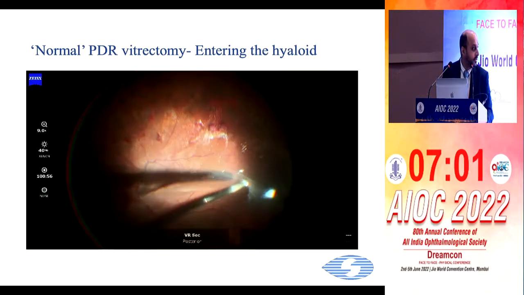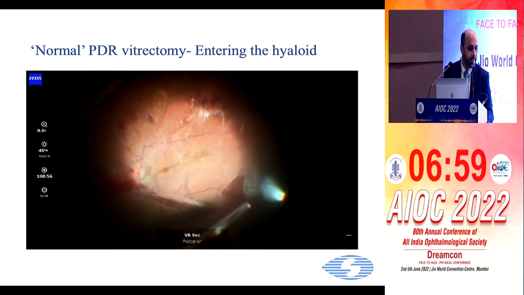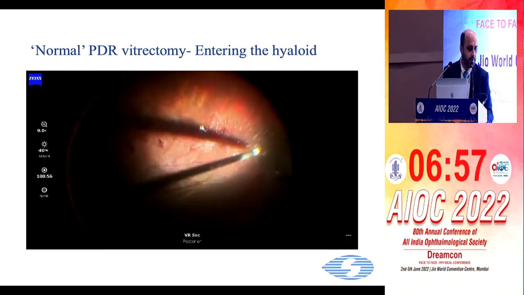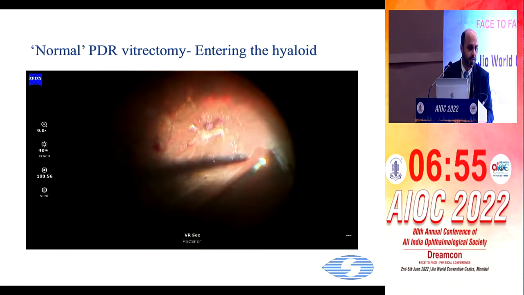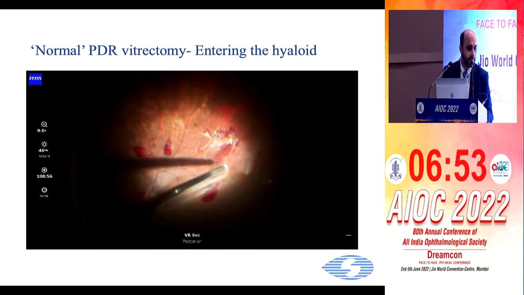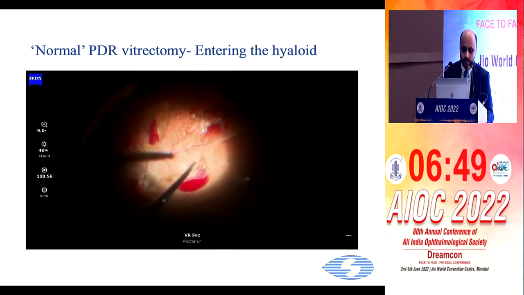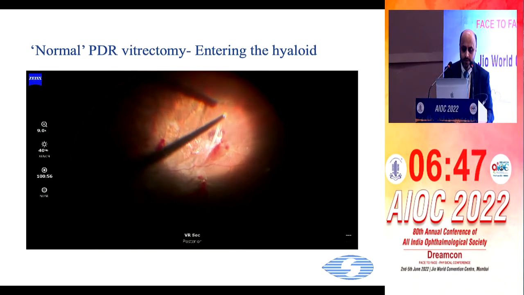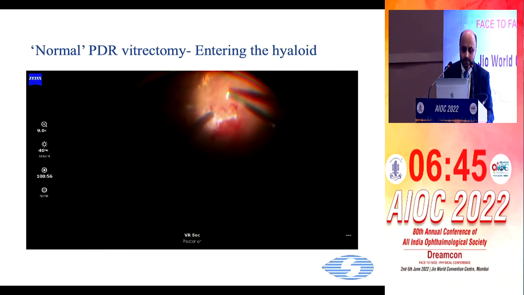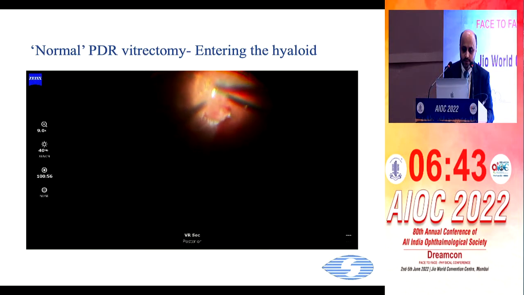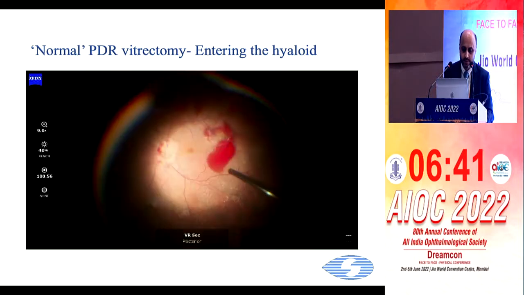This is a very classical way of entering into the posterior hyaloid, the can opener technique, till you are finally able to complete the entry into the posterior hyaloid 360 degrees.